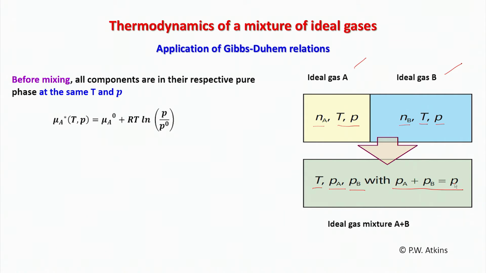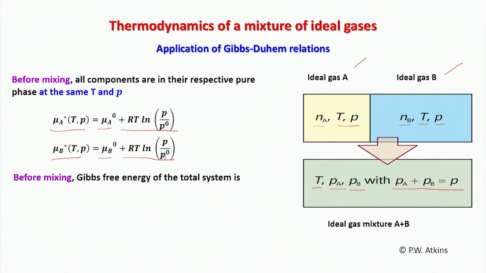Therefore, for the ideal gas A in its pure phase, I could write down that mu A star is equal to mu A naught at the temperature T plus RT ln P by P naught. Similarly, for B in its pure phase, mu B star would be equal to mu B naught at temperature T plus RT ln P by P naught.